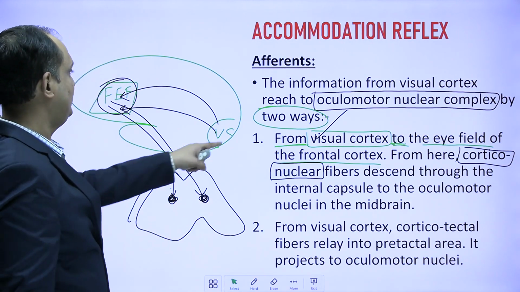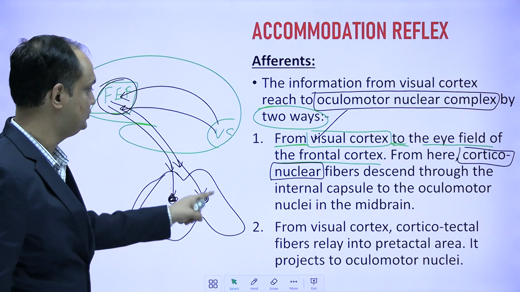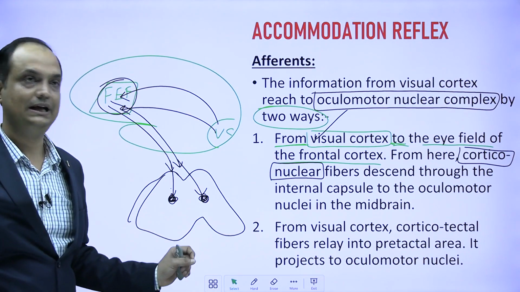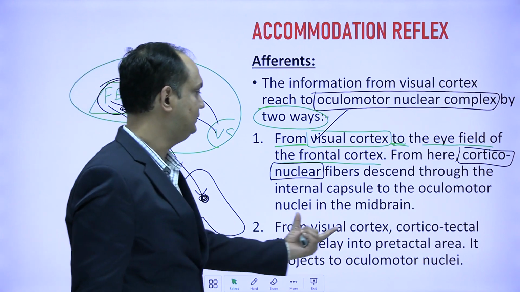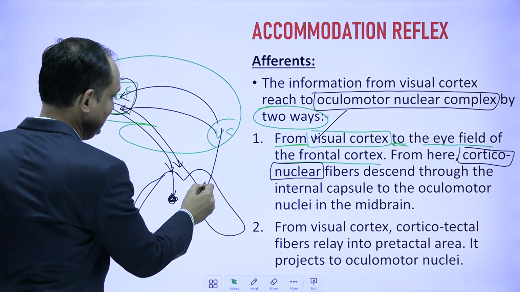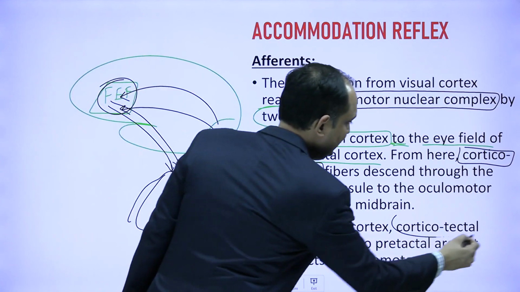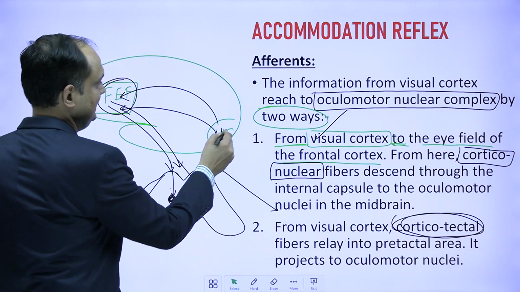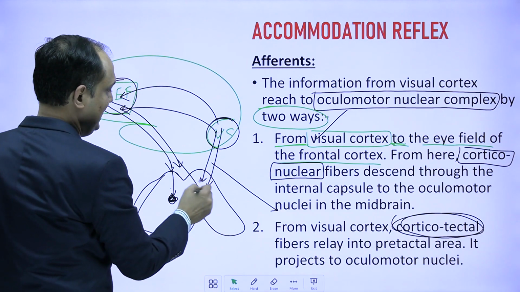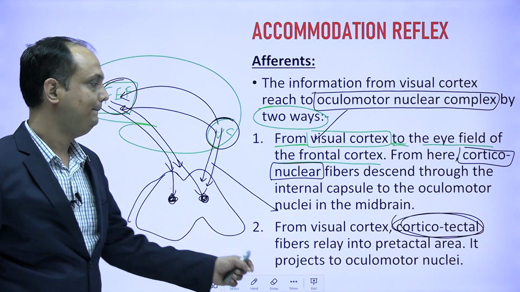So, this is the first way the afferents ultimately approach your oculomotor nuclei. The second way is that from the visual cortex, fibers directly enter, and these fibers are known as corticotectal fibers. That is a connection between the visual cortex and the pretectal nucleus, which is present in the midbrain.